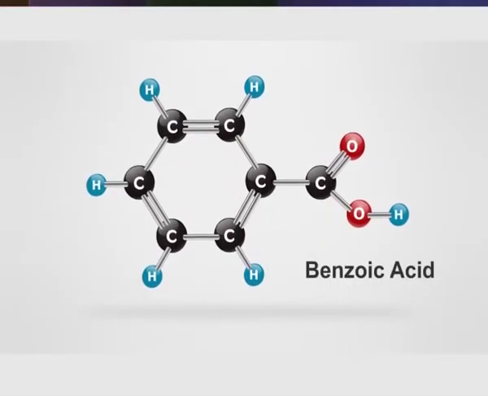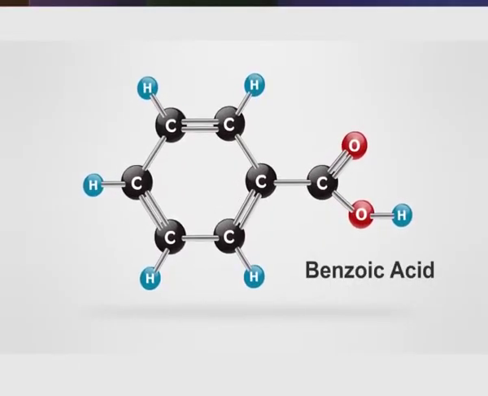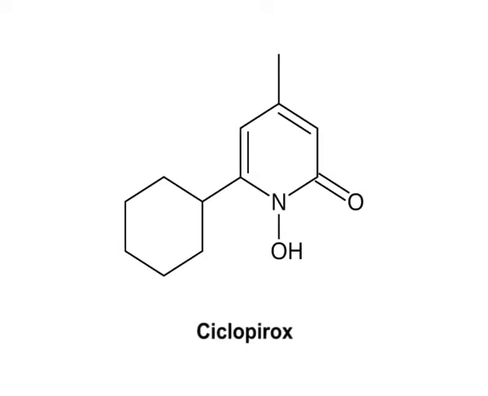Benzoic acid has antifungal properties but must be combined with a keratolytic agent, such as in Whitfield's ointment. Ciclopirox is a hydroxypyridone antifungal that interferes with active membrane transport, cell membrane integrity and fungal respiratory processes. It is most useful against tinea versicolor.